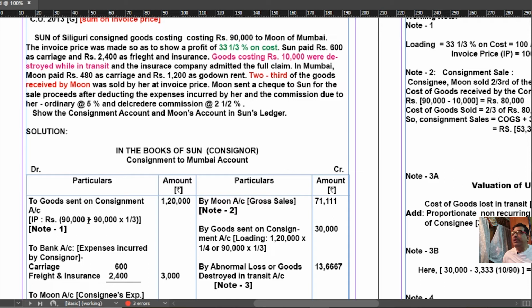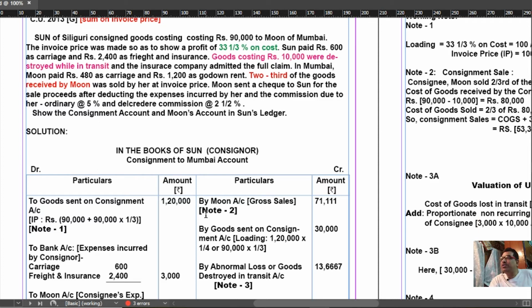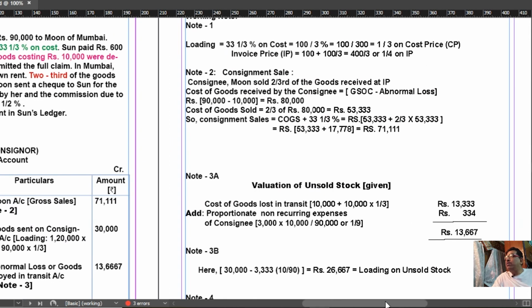Now the question is, why should we multiply 90,000 by 1/3? 33 and 1/3% on cost means 100 by 3% on cost. That is 100 by 300 on cost. If we look here, that is 1/3 on cost price.